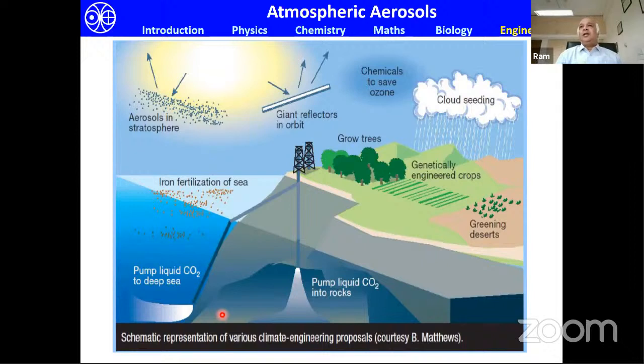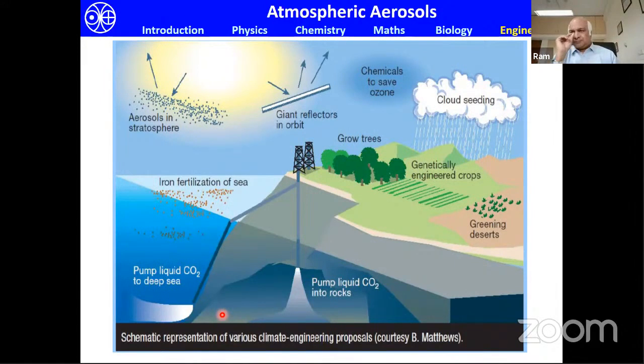So how the surface temperature will cool or the global warming will come down is because when the amount of radiation coming from the sun gets reduced because it gets reflected, it will cause a cooling or decrease the temperature. Or if the amount of radiation absorbed in the long wave reduces, then also it will produce cooling.